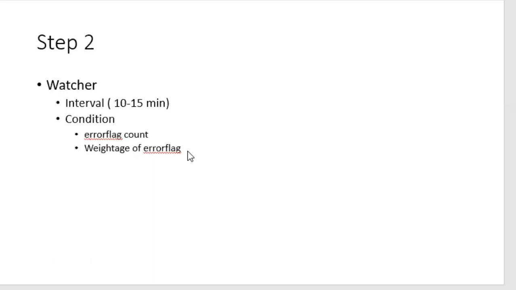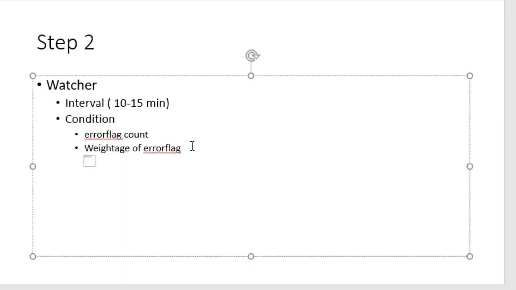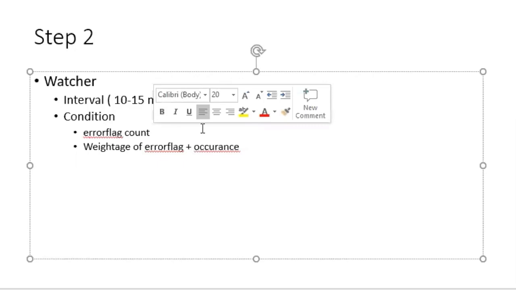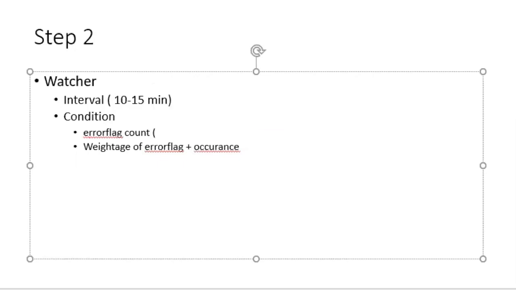In the last 15 minutes, if my error weightage is 5 and occurrence is 10, trigger the alert. Here we are using both things, weightage and occurrence. The earlier one verified only occurrence.